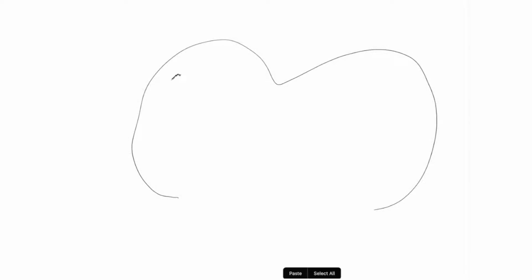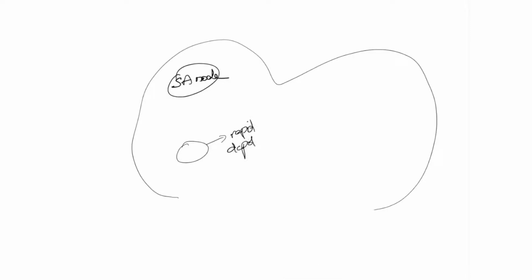Let's go ahead and draw the atria. You have the SA node. And for some reason, you might have another focus in the atria start firing out rapid waves of depolarization. And so you would end up with a higher heart rate, and also the P waves would look different.